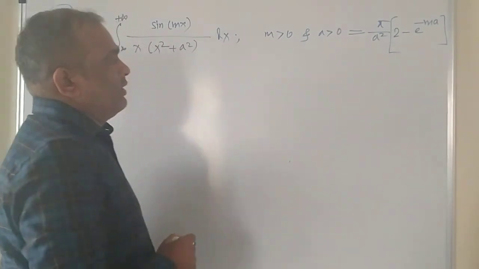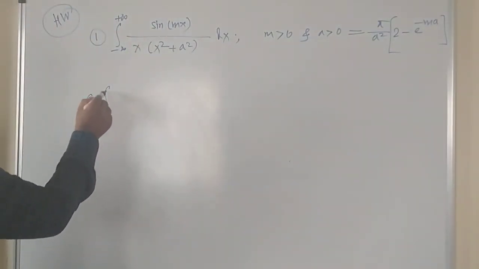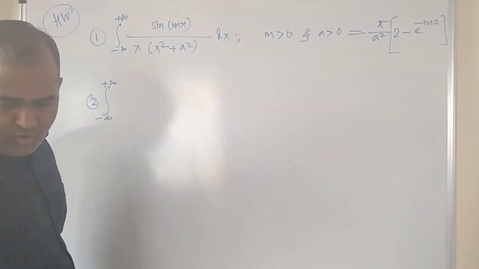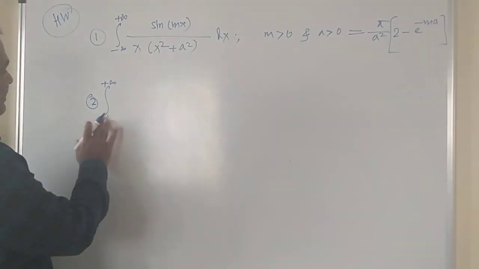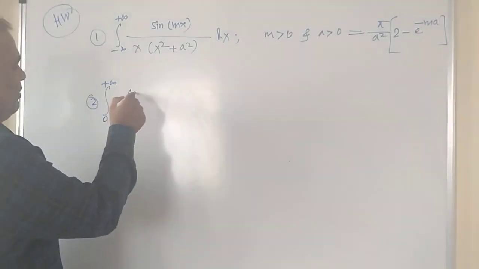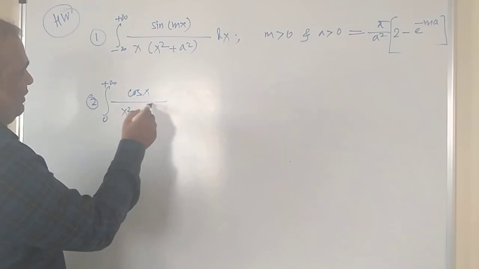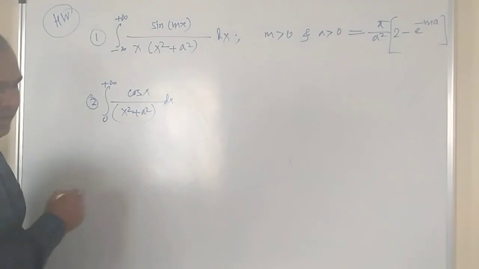Pi by a square. And the second problem: integral from 0 to infinity of cos x upon x square plus a square into dx, right?